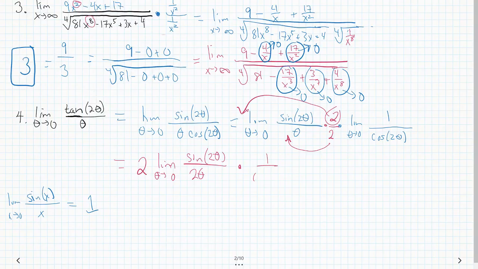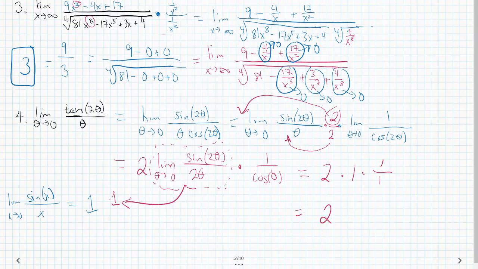So 1 over cosine of 0, we'll talk about that in a second. But we know that this part right here equals 1, right? So this thing just becomes 2 times 1 times 1 over cosine of 0, which is just 1. So our final answer is actually 2. And we're done.